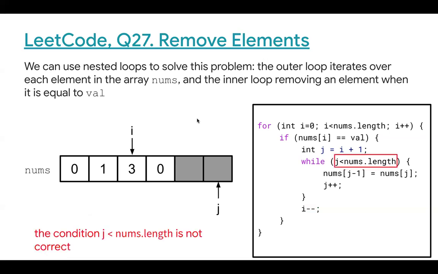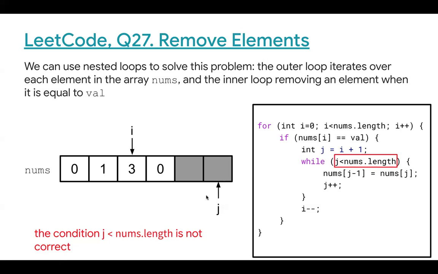And now, when j points to the end of the array nums, we run this condition, which is j is smaller than nums.length. Here we can see that this condition, first of all, is true.